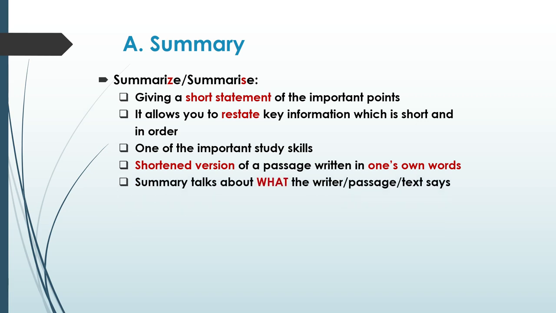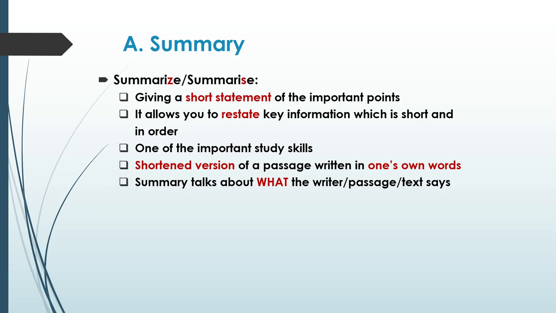If we talk about the question that the summary addresses, it actually talks about what. What means what the writer says, not how the writer says, not when the writer says, not why the writer says. You're not supposed to investigate it to that level. It's only the basic question that you have to address, and that is what.